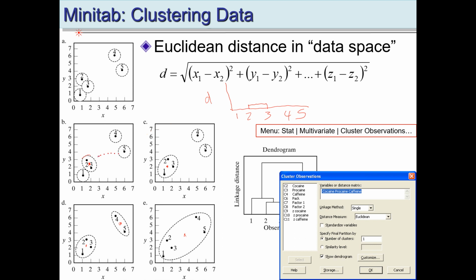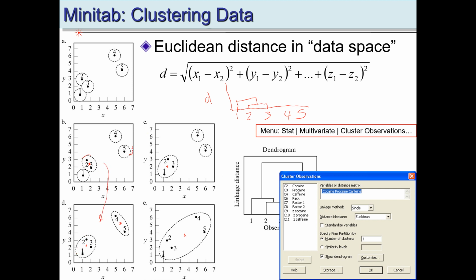Then we redo the analysis with this new data point, the center of that little ellipse, and we see that it's close to number 1. And so then we would have this little mark right here go up to the distance to 1 and come down. Because we joined in, that was going from here to there.